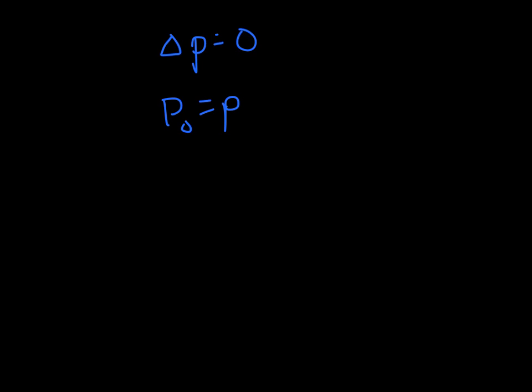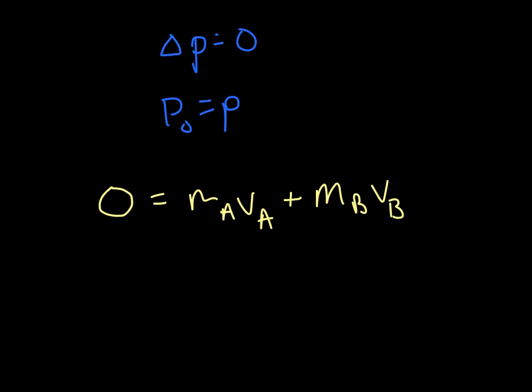So if we look at this, initial momentum, is anything going? And the answer is no, it's not. So initially you have 0 momentum, which means mass of the astronaut times velocity of the astronaut plus mass of the bag times velocity of the bag. So momentum of the astronaut plus momentum of the bag equals 0.